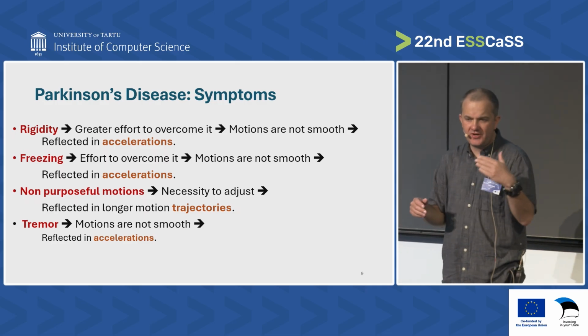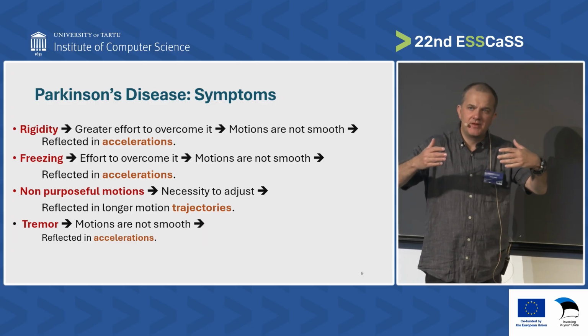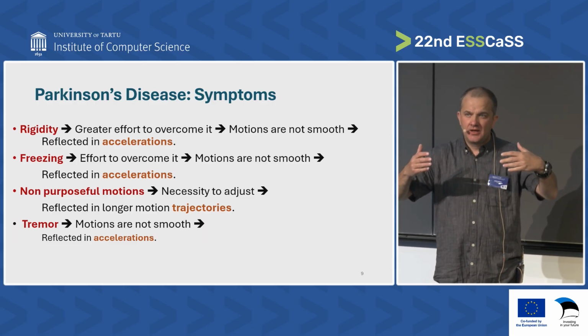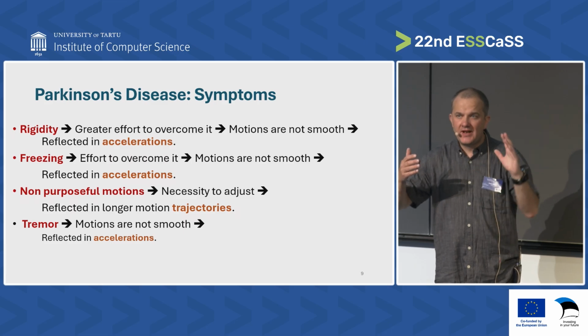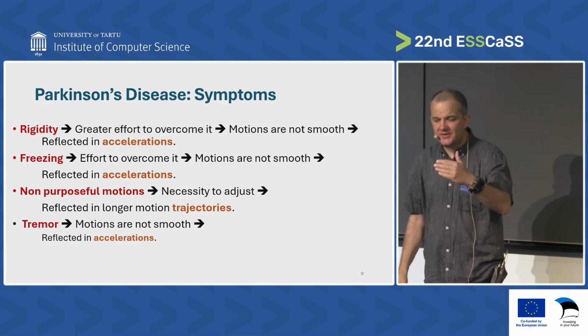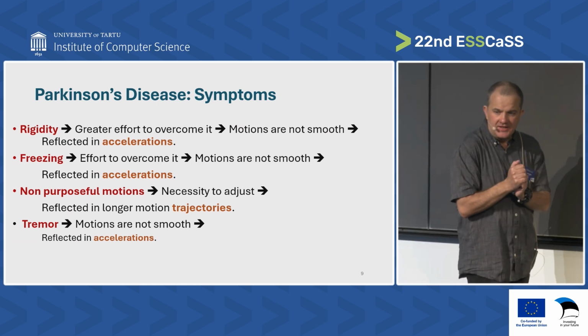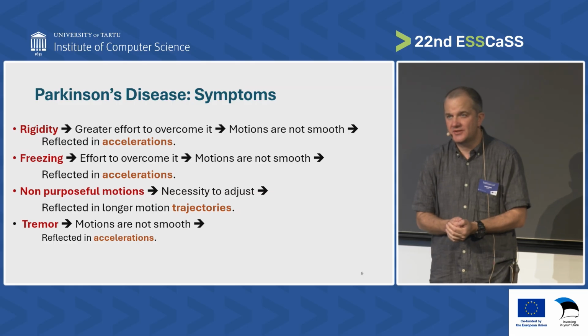The same goes for freezing. Freezing itself may be detected, and by the way, it may be the cause of a patient falling, but if not, then again we have problems, and most probably accelerations should be higher to overcome it. Then we have non-purposeful motions. What does it mean?